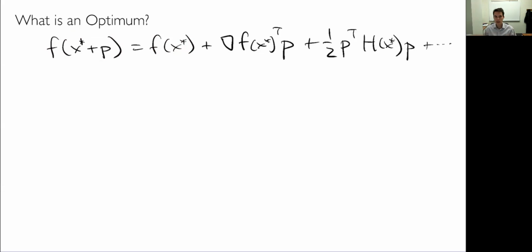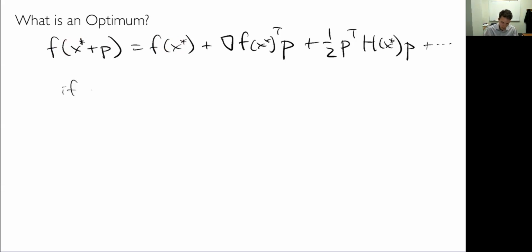We haven't said what p is, it's any possible direction. How do I know I'm at the minimum? What must be true if I compared this function to this function? Well, if this is truly a minimum, then everything nearby has to be bigger. Because I'm at the minimum, so no matter which direction I go, the function has to increase.